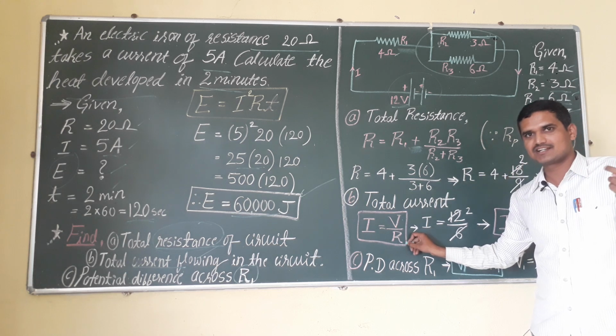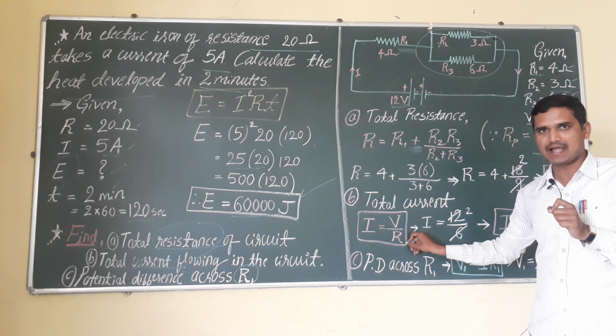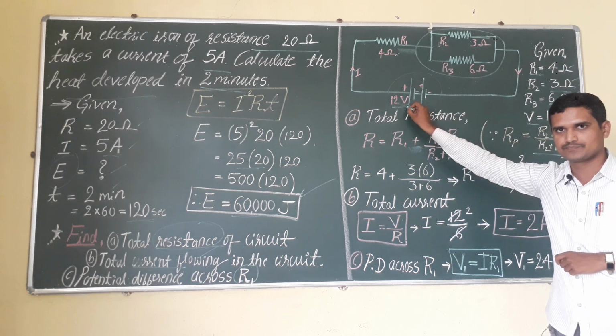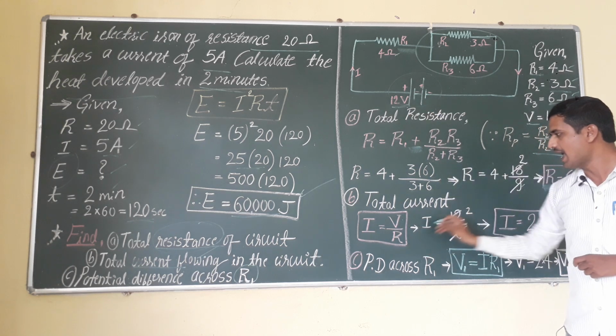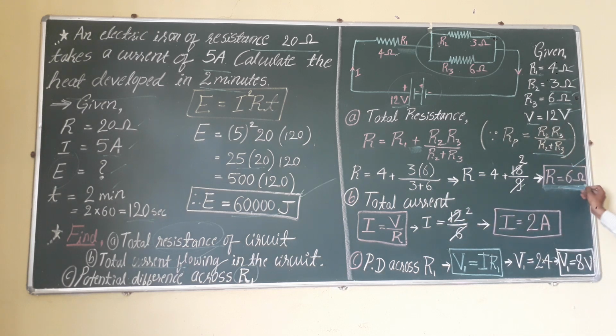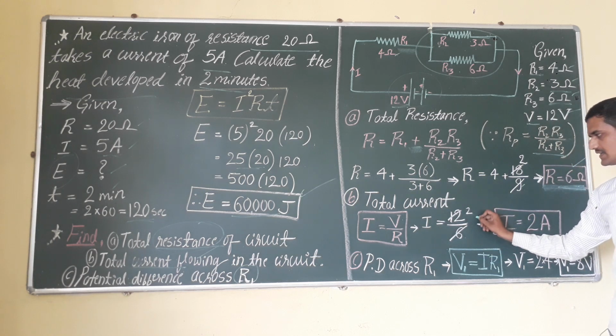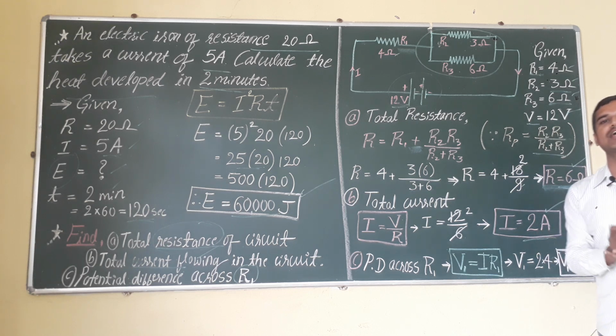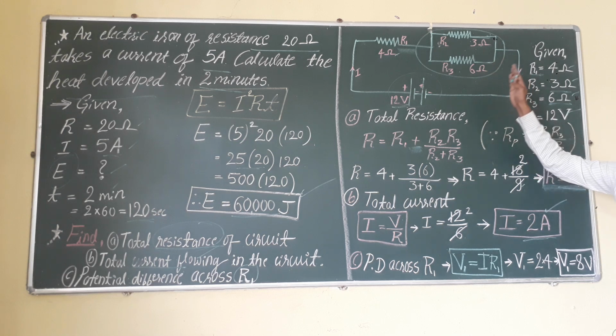By interchanging, you will get I is equal to V by R. So directly substitute the values: potential difference is 12 volts, and total resistance we have calculated here is 6 ohm. 6 ones are 6, 6 twos are 12, so we get 2 ampere. So 2 ampere is the total amount of current flowing through this circuit.